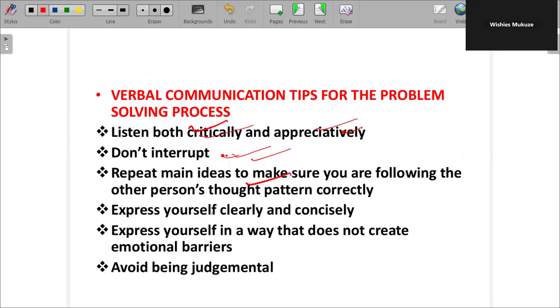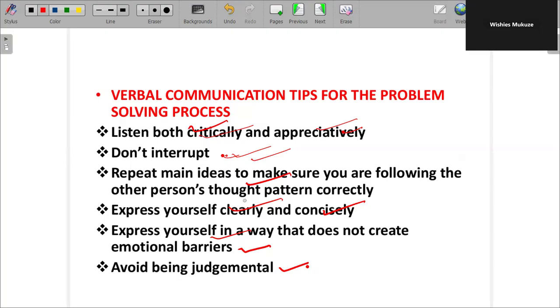You need to express yourself clearly and concisely, in a way that does not create emotional barriers. And you need to avoid being judgmental. Don't judge people. Everyone has the right to his or her opinions, right? So make sure that you don't judge another person's opinion. You need not to interrupt.